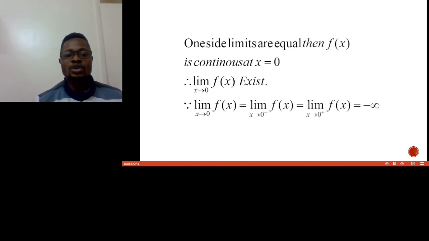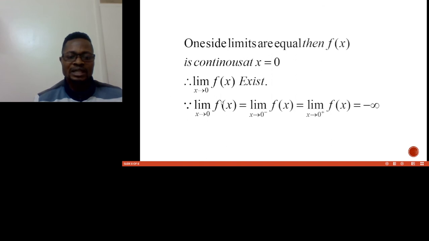What are we going to conclude? The one-sided limits are equal because we have the limit from the right hand side to be negative infinity, and we have the limit from the left hand side to be negative infinity. Therefore, it is continuous at 0. The function f of x is continuous at x equals 0.